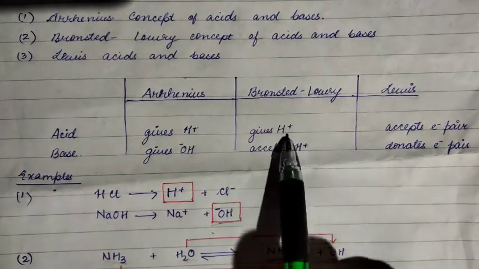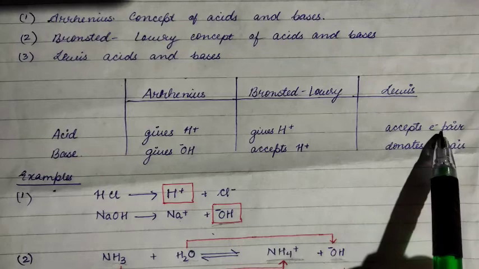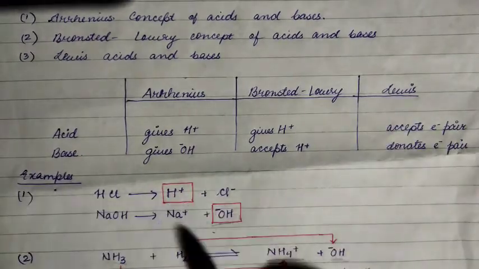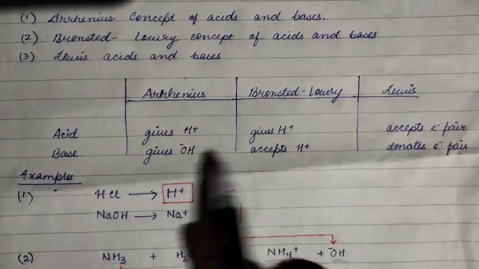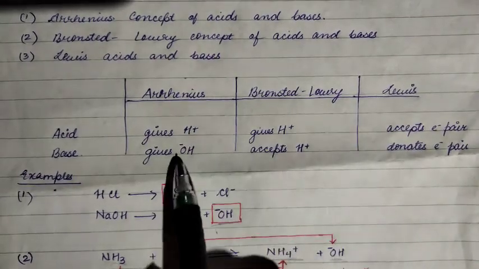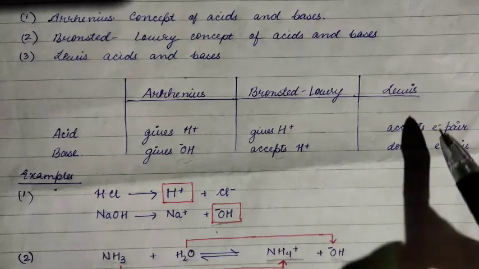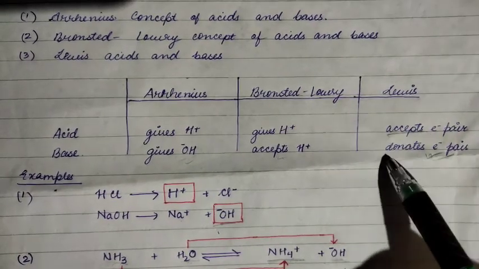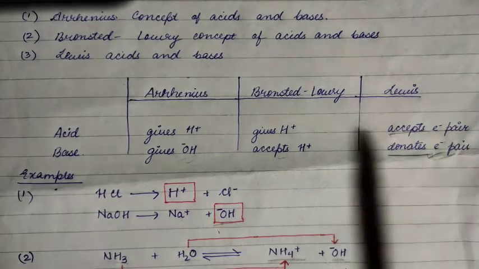Bronsted also said the same thing, but Lewis said that it accepts the electron pair. So keep these two sets separate from each other, because the confusion is basically between these, as this is easier. The only thing you have to remember is which one is accepting and which one is donating.